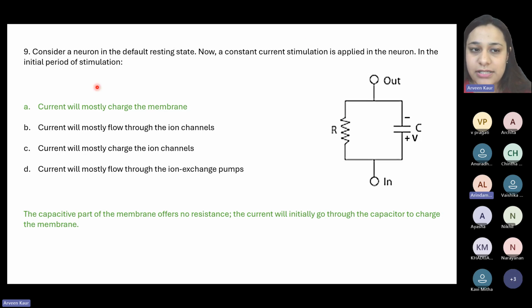That is why we are saying that in the initial period, when no current is going through the resistor but all of it is going through the capacitor, it will mostly charge the membrane, right? So the capacitive part of the membrane offers no resistance and current will initially go through the capacitor to charge the membrane. I hope that is clear.